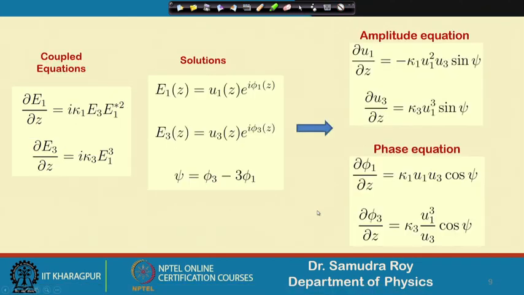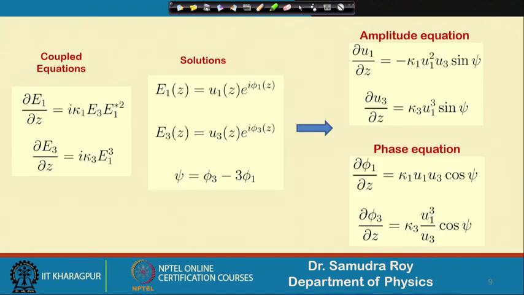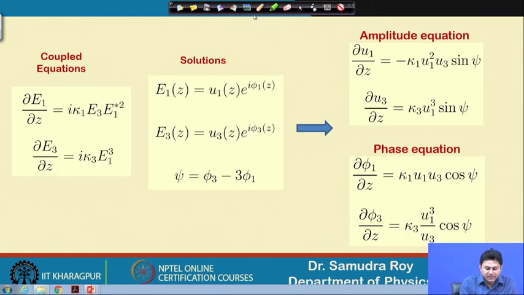Once we have this form, next this is our coupled equation, and this is our solution. I want to put these things into my coupled equation. When I put this into the coupled equation and separate the real and imaginary parts, we will have a set of amplitude equations like this and a set of phase equations like this.